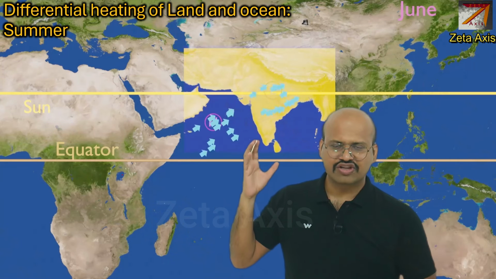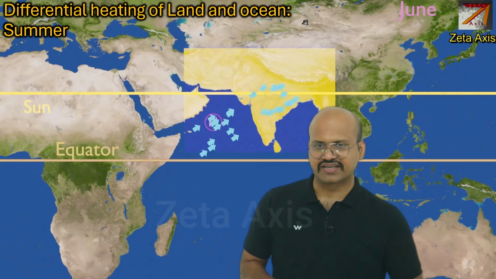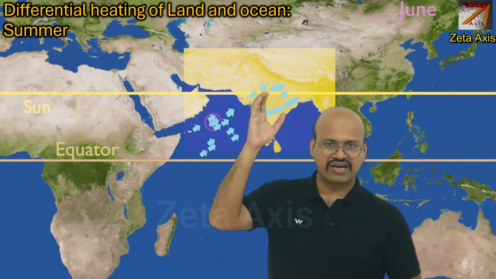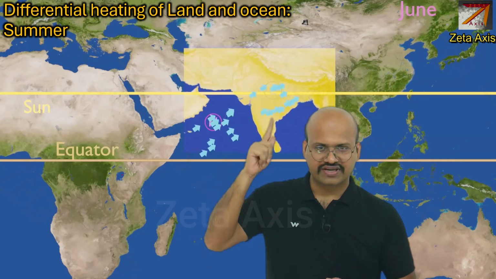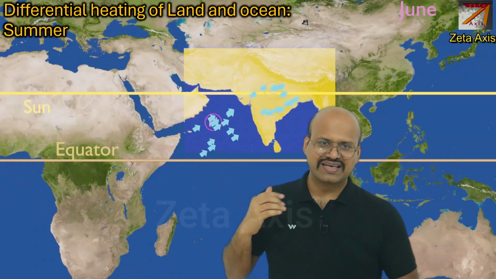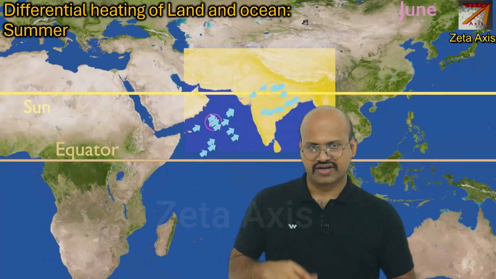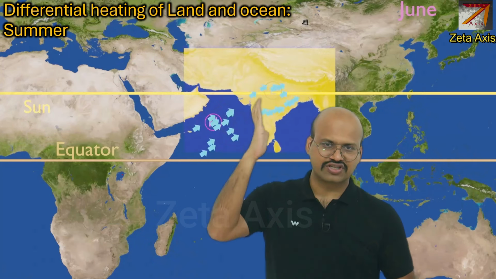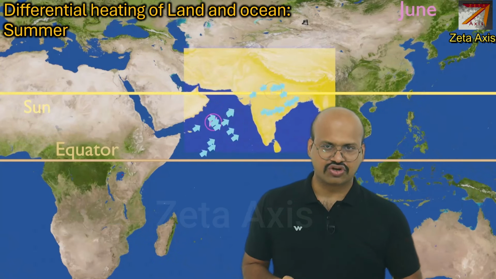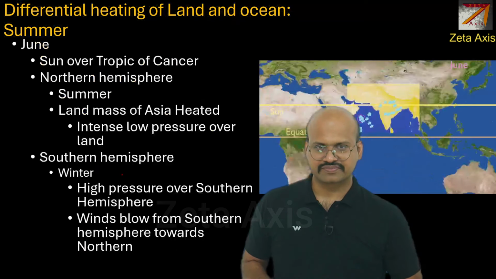This is the concept of differential heating in summer, where the land mass is heated, creating a low pressure region, while the oceans are relatively cooler, creating a high pressure region. So the air moves from the high pressure region towards the low pressure region. This is the basic concept of differential heating.